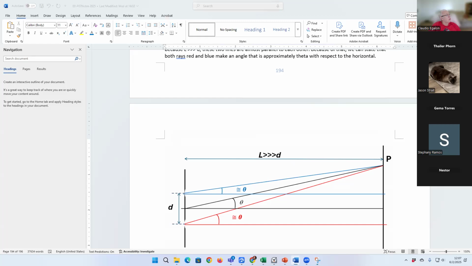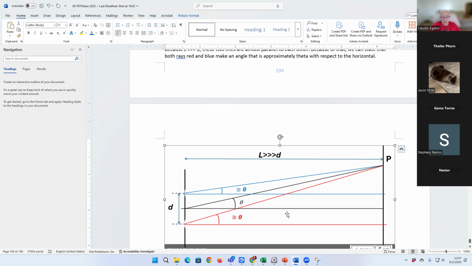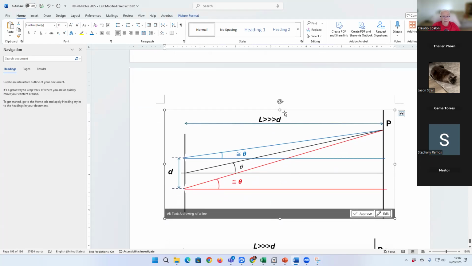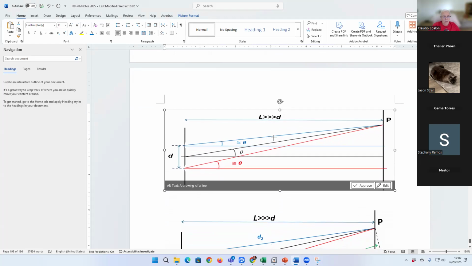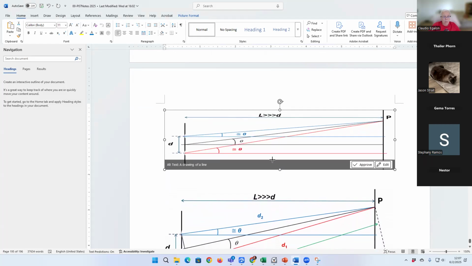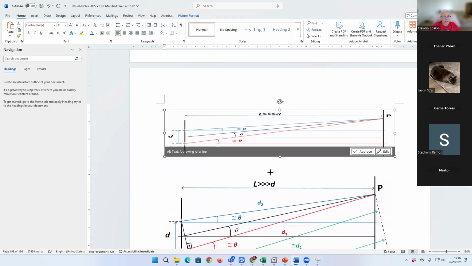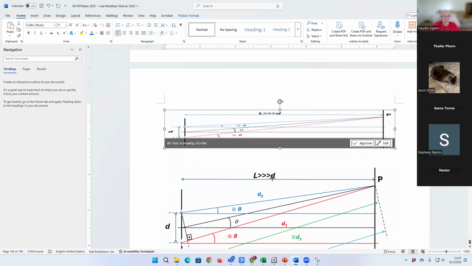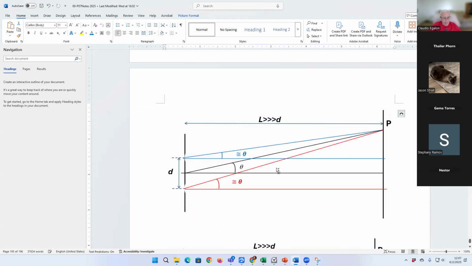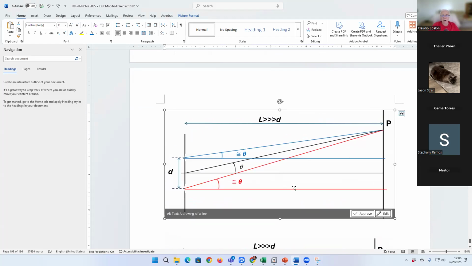Let me give you an example. Stretching in the horizontal direction is the same as compressing in the vertical direction, okay? Look what happens to those blue and red lines. They look like they're becoming more and more parallel to each other, right? That's how we illustrate the fact that those light rays are almost parallel.